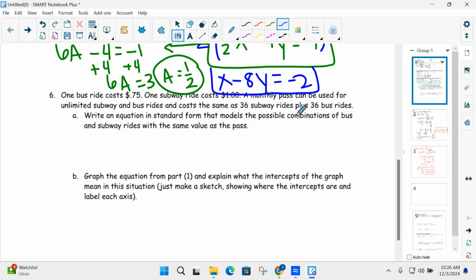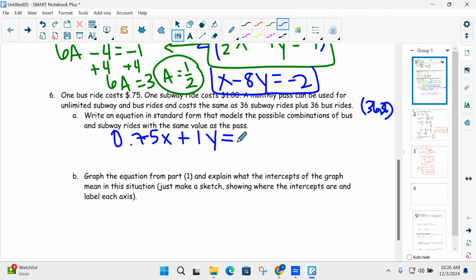So if you have 0.75x for a bus ride plus 1y for subway equals, you do not know what the total is, but they do tell you that it costs the same as 36 subway rides and 36 bus rides. So that'd be 36, 36. So this is one of the combinations that would work in this situation.